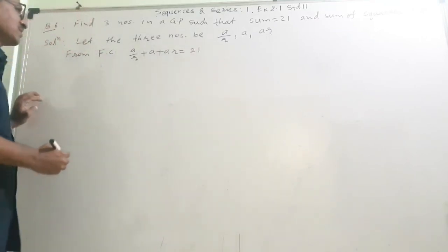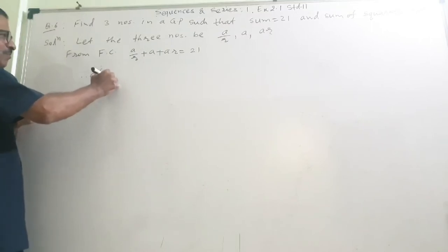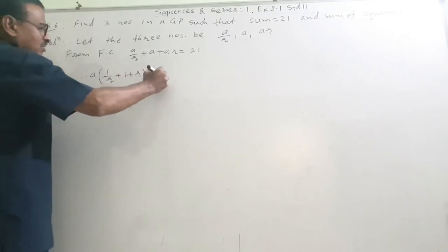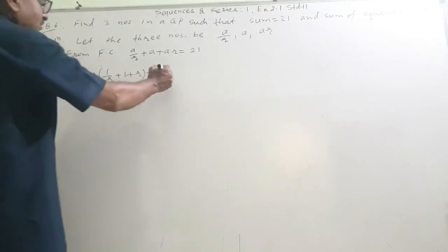What is common? A is common. Therefore, A into 1 upon R plus 1 plus R is equal to 21. So this was the first condition. Hope that you have understood this. Now, if you want to simplify this, you can simplify this. So this I will give number 1.